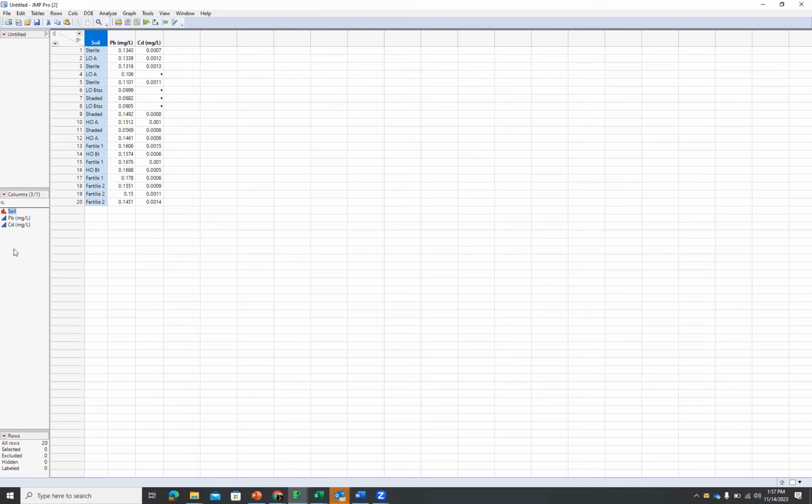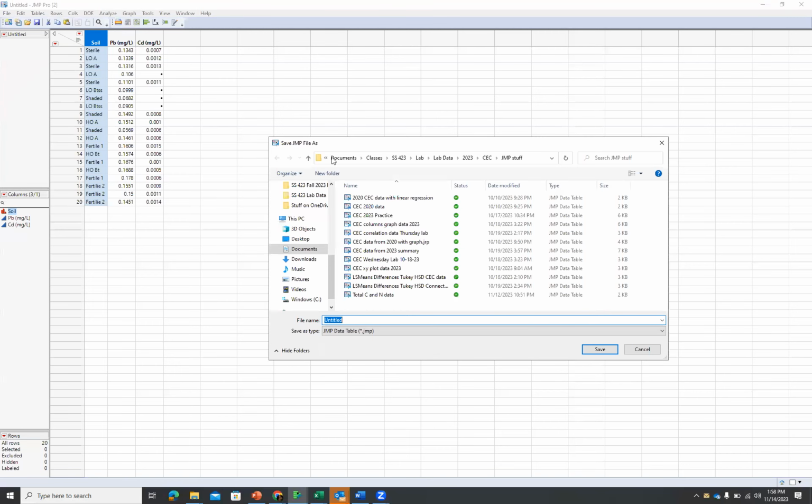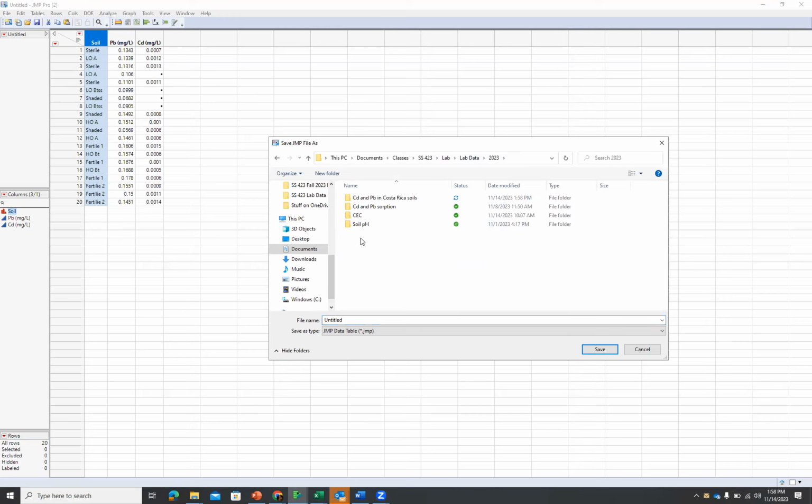I'm going to save this first. I know it's almost time to go, but I'm going to save it. I copy the data in Excel, and then when I have my data table open in JMP, I go to edit and paste with column names.